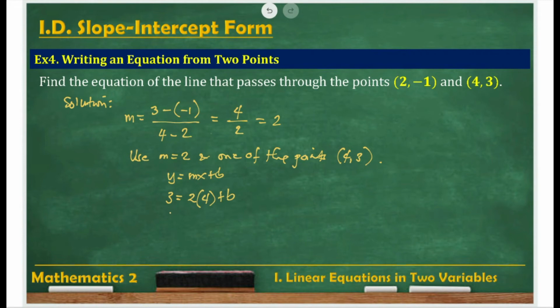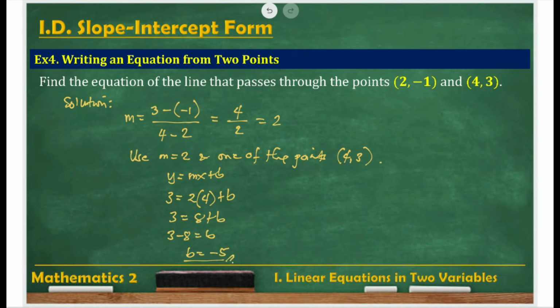Okay, so let's simplify our equation. We have 3 equals 8 plus b. Transpose 8 to the left side. So we will have 3 minus 8 is equal to b, or b is equal to -5.